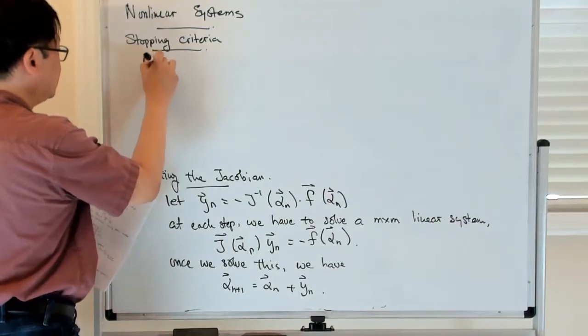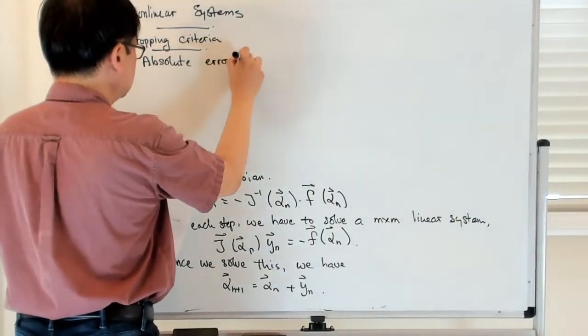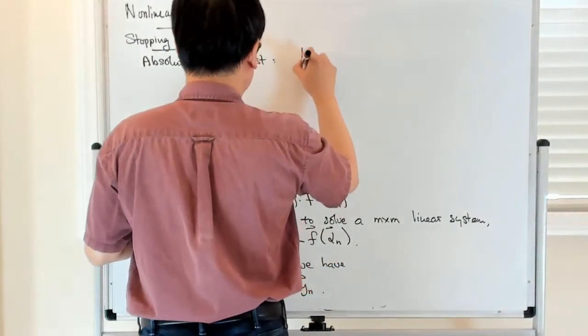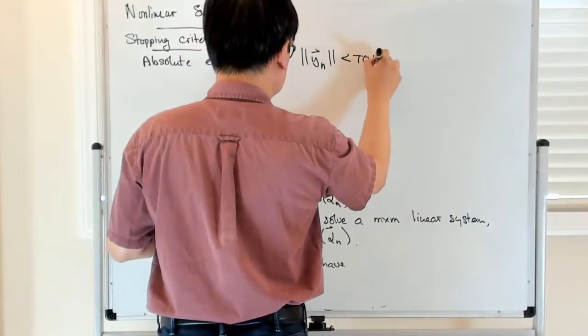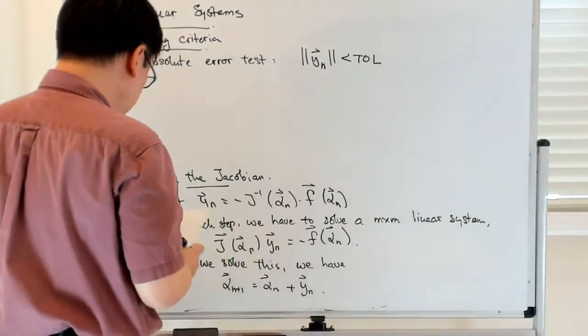There is an absolute error test, which is that the norm of y is less than the tolerance. That means the update is not really changing a lot.